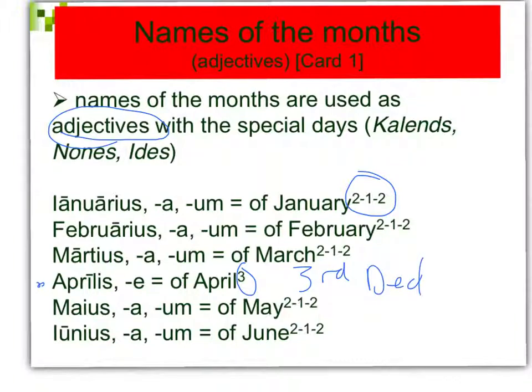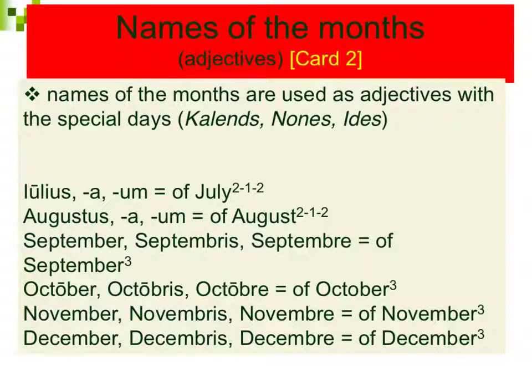So that will have 3rd declension endings, but May and June have 1st and 2nd declension, and the rest on this page. July and August are both 2-0-2 adjectives, 1st and 2nd declension, and then September, October, November, December are all 3rd declension adjectives.